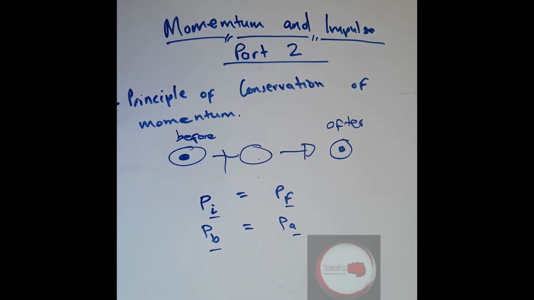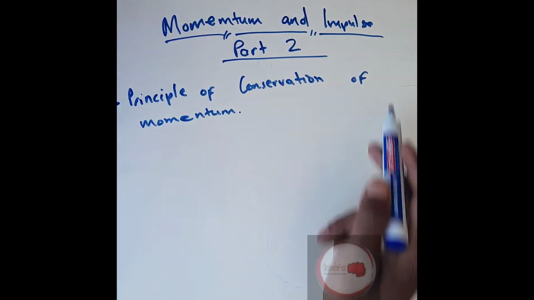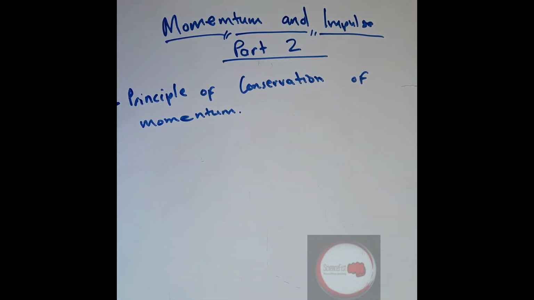The momentum before collision is the same as the momentum after. That's not the definition you would give in the test or the exam, but in basic words, it just means that the momentum is conserved before and after. Like I mentioned, we are going to work a lot more around this principle.